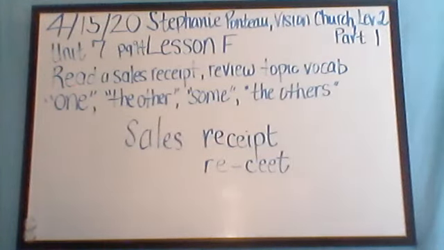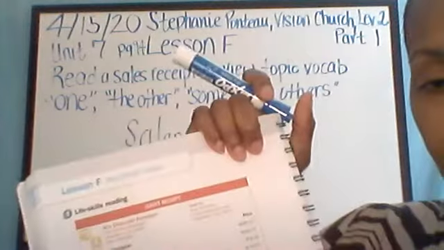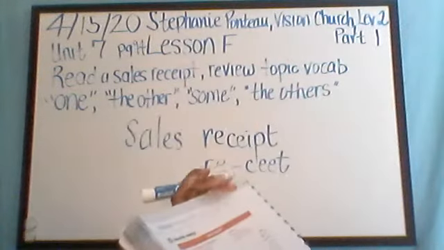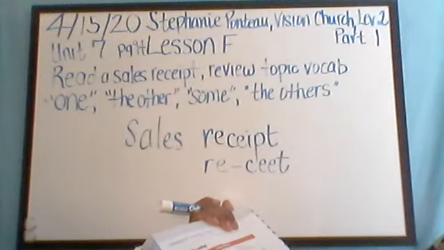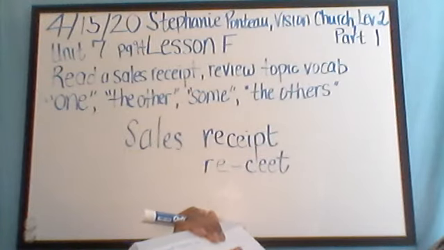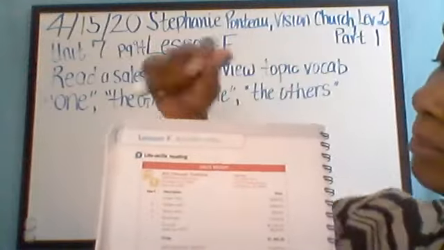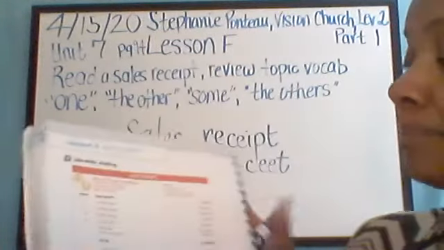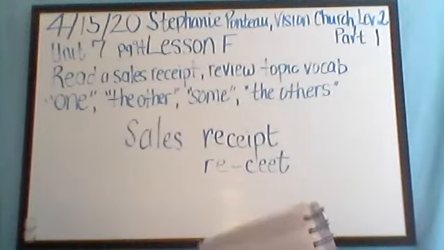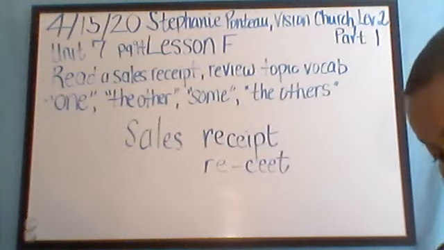All right. At the top, it says sales receipt. What is the name of the store where the purchase was made? Yes, it's right there at the top left, AJ's Discount Furniture.